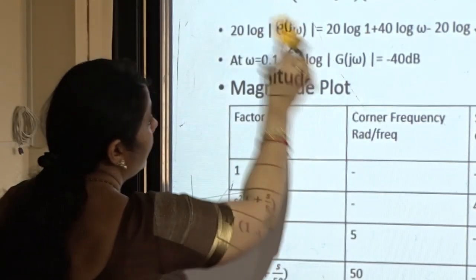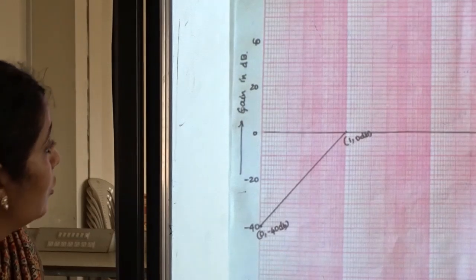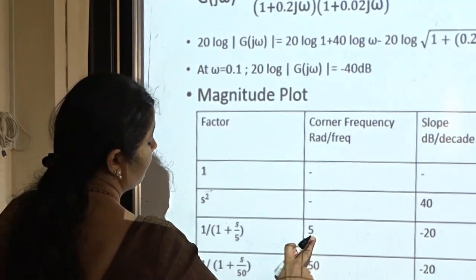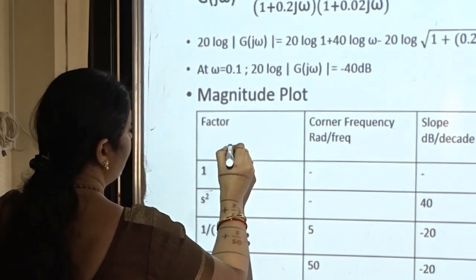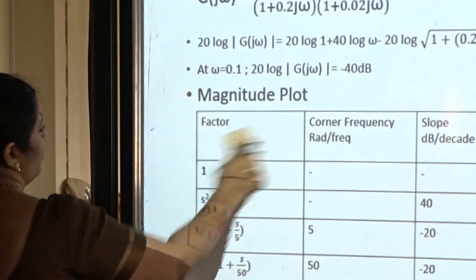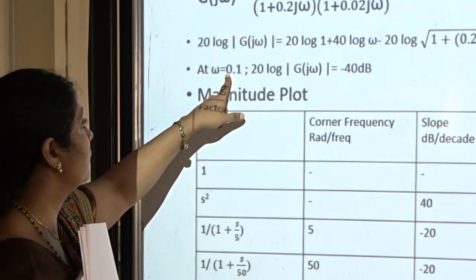Minus slope means it will come down. Now, if I have to have a plus 40 dB per decade slope, you can see the corner frequency is 5. So we can take the frequencies from 0.1 or 1. I have considered omega as 0.1, the initial frequency.